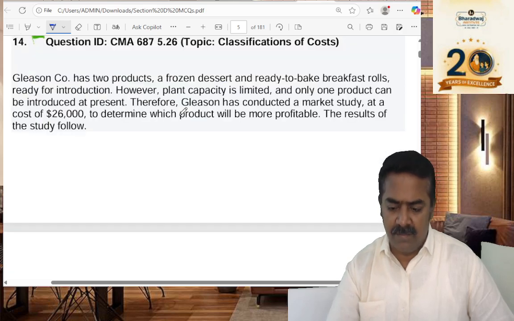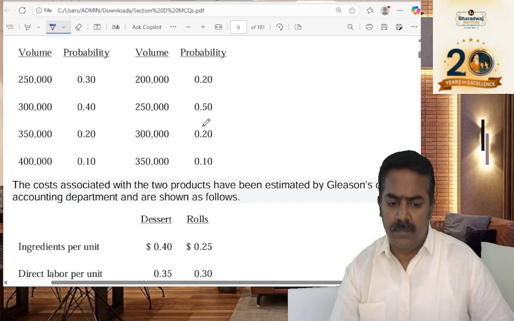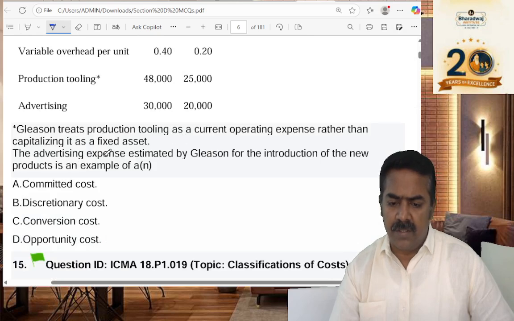Question number 14. At a cost of 26,000 to determine which product will be more profitable, the results of the study are as follows. The advertisement expenses estimated by the company for the introduction of a new product is an example of which cost, they ask.